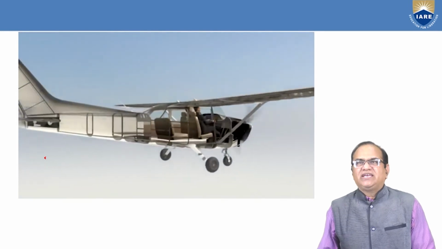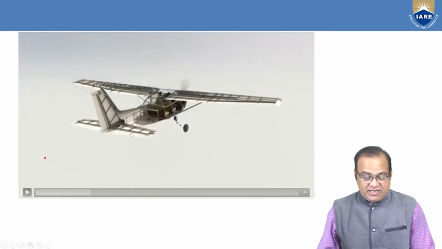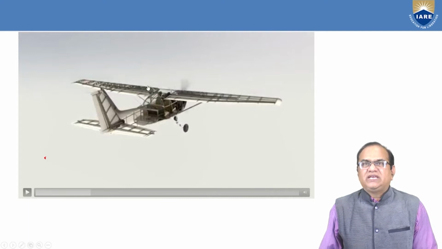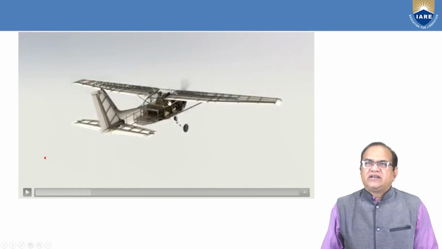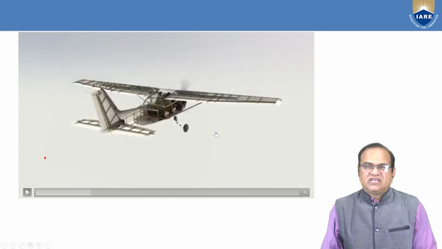Now you can see the wing here. These are the wings. If you see the wings, you have so many parts here. Every wing is made of airfoils, and from here the front longerons, and this is the rear longerons. In between you have so many other things called stringers.